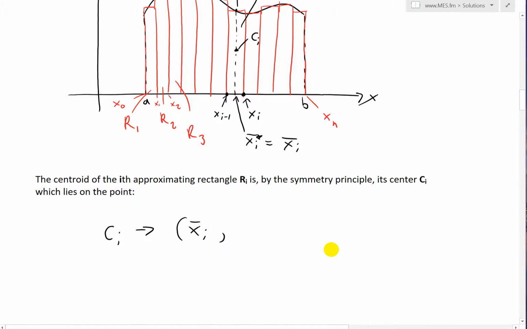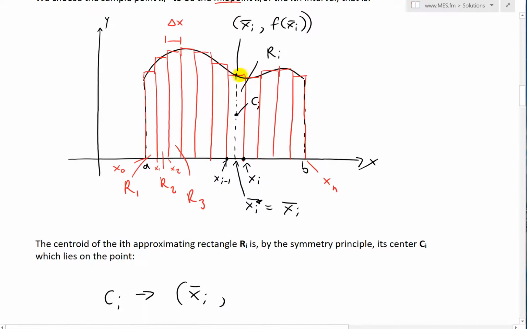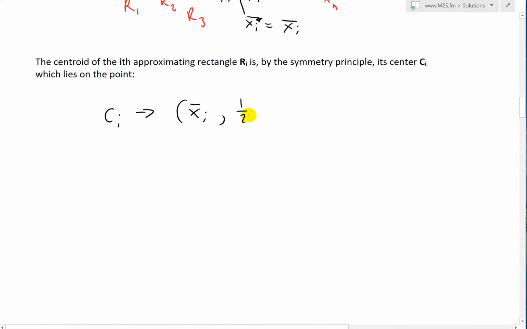And the full length is f of xi center line, but now it's half of it, so this distance across is 1/2 f of xi center line. So this is a half of that full length right there.